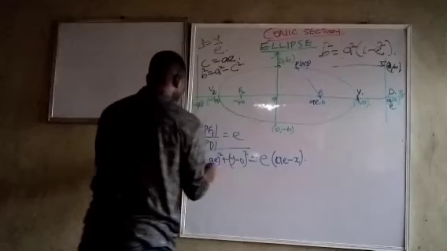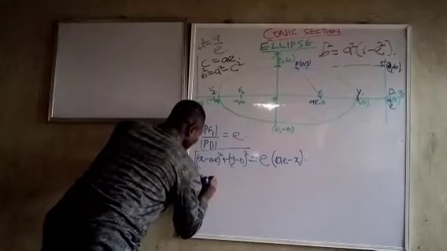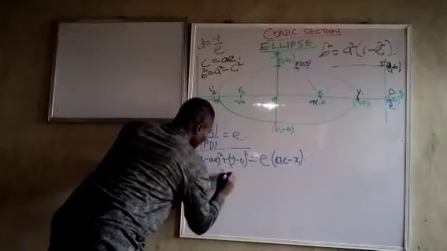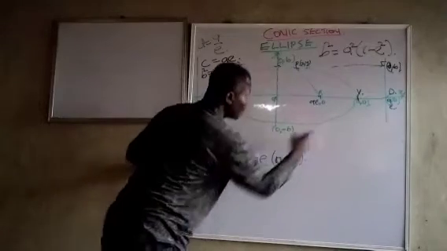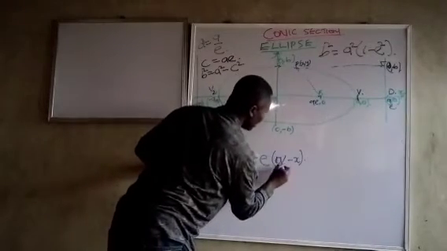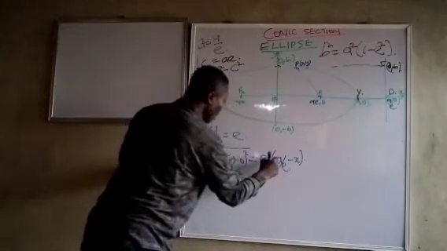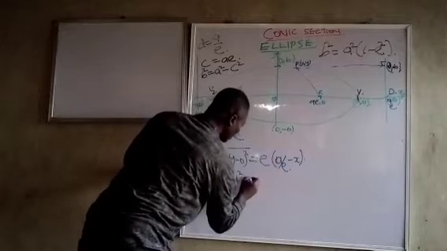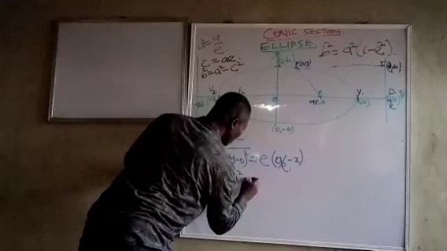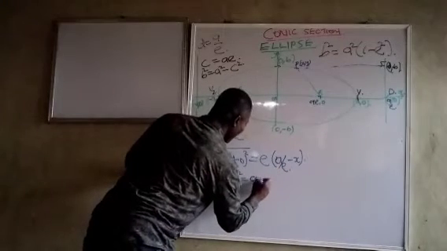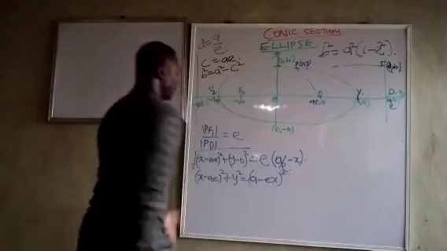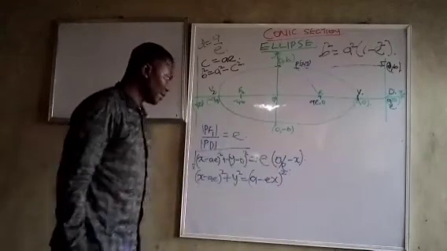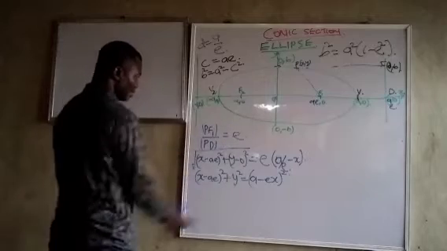So let's square both sides. We have x minus AE squared plus y squared is equal to, oh, this one is A over E, sorry. So it's equal to E times A over E minus x, all squared, which is A minus EX all squared. Please take note of that. That's A over E, because that's D.